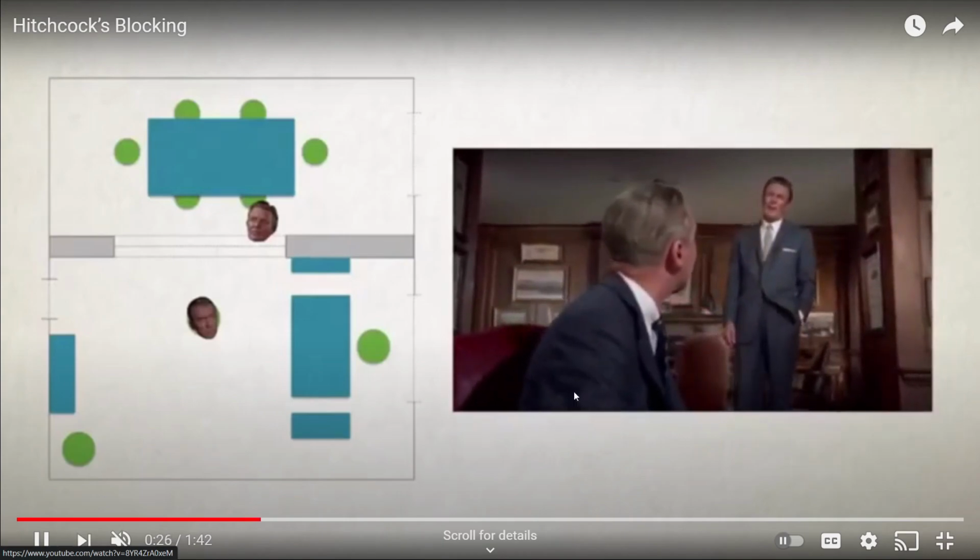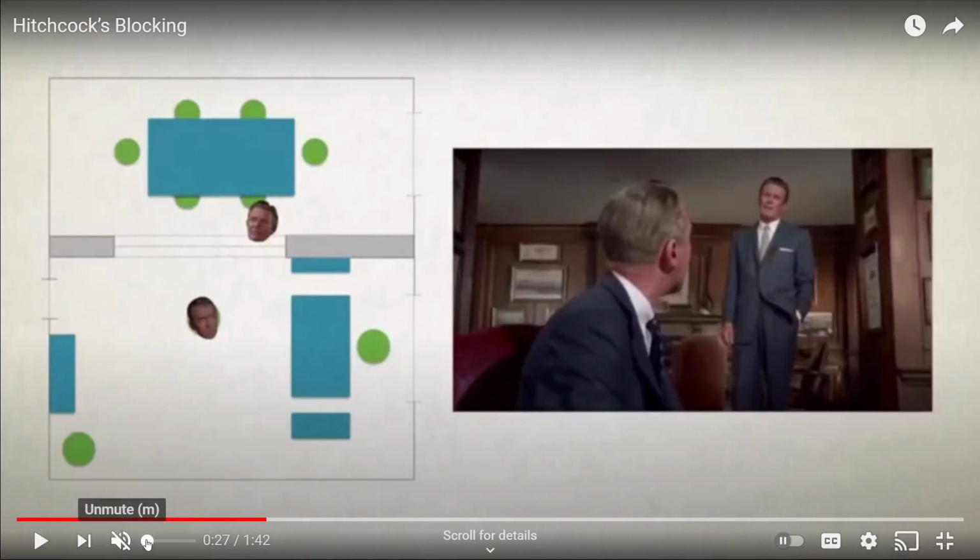I mean this clip, and try to watch it with the audio, with them talking to each other, right? And you can see how very boring it is. This scene is two guys in suits talking to each other about something, right? But because of the way the actors are staged and the way the camera, you see this very low angle, makes you sympathize with him, and also makes you understand that this guy is more powerful than this guy, right?